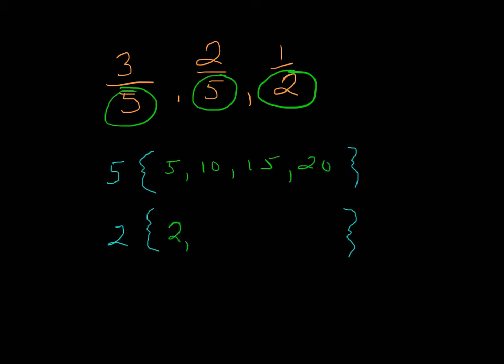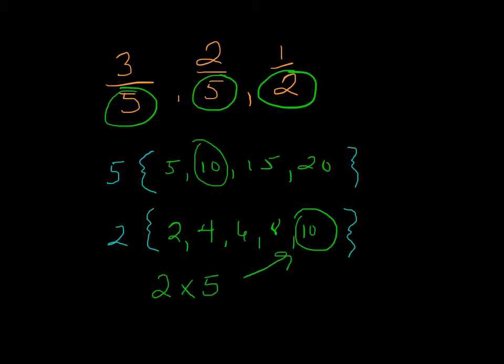Let's go 2, 4, 6, 8, 10, and I was looking for a common multiple, that means one that they have the same. I see a 10, and I see a 10. I know that 2 times 5 gives us 10, and I know 5 times 2 gives us 10 here.